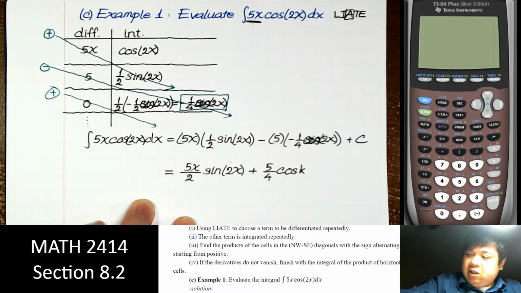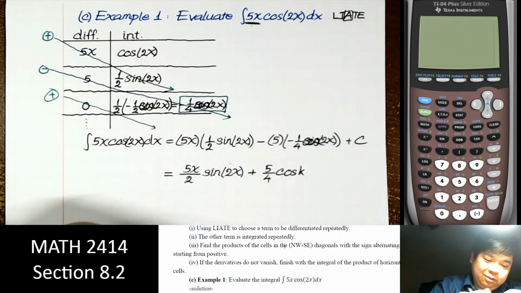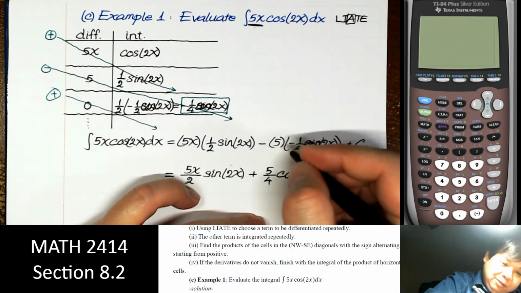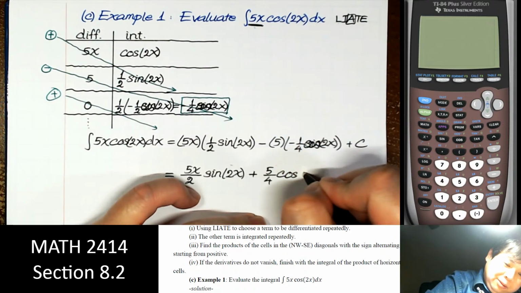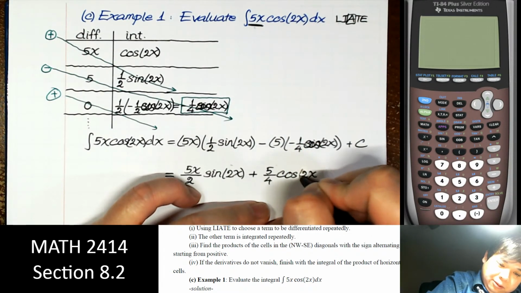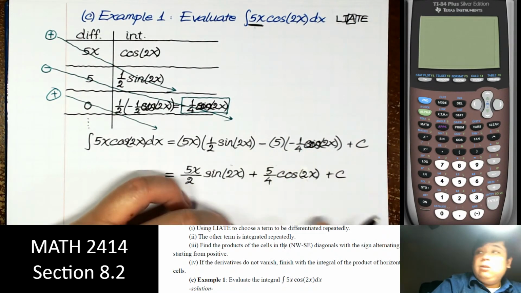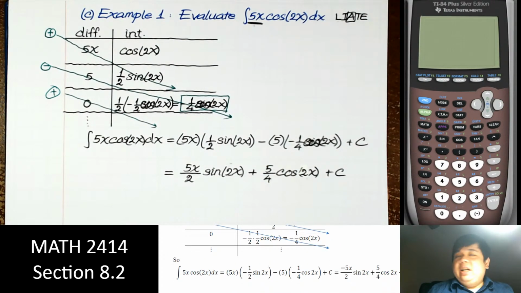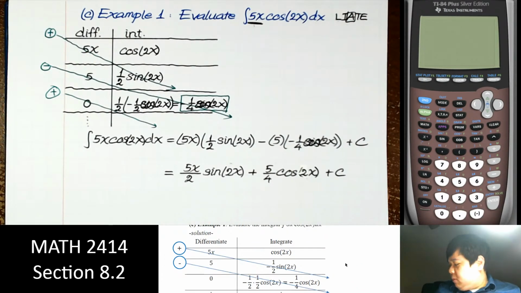Cosine of 2x. So that's what we have in the note. Right. So one derivative, one integral. Right.